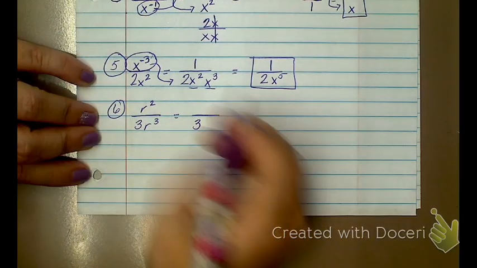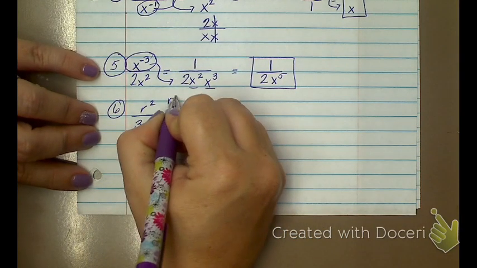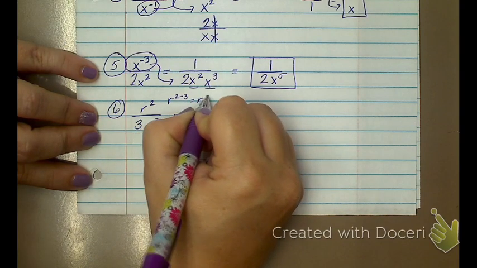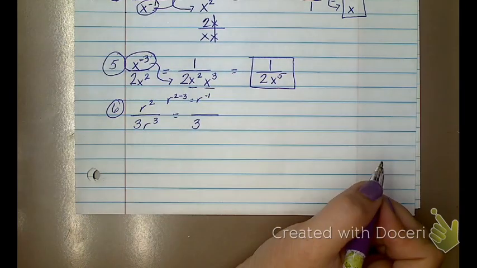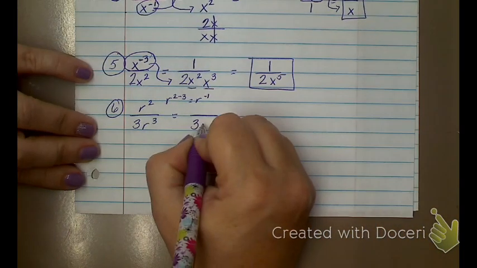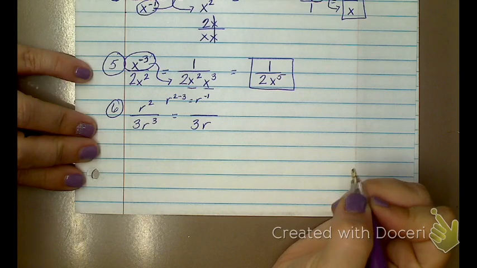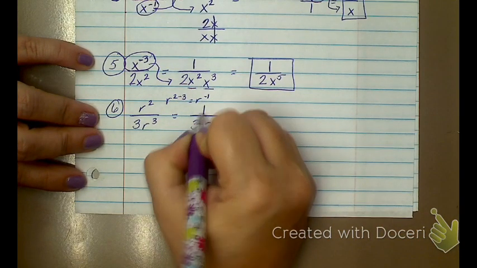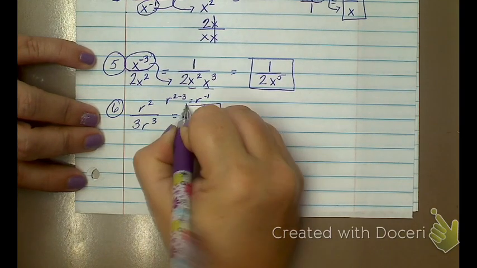Well, if I do that whole top minus bottom thing, I would have 2 minus 3, correct? Which gives me r to the negative 1. Where do I write r to the negative 1 in order to make it positive? I'm going to have to write it on the bottom. And a 1 exponent we don't write. Again, there's nothing left on top, so I'm going to put a 1, and my answer looks like that.